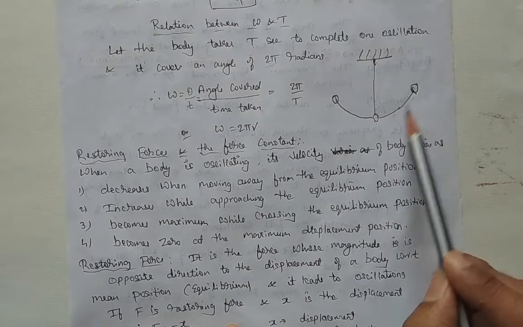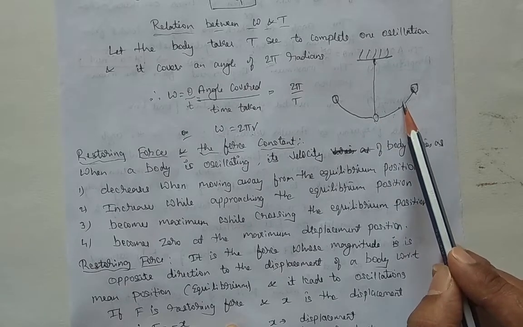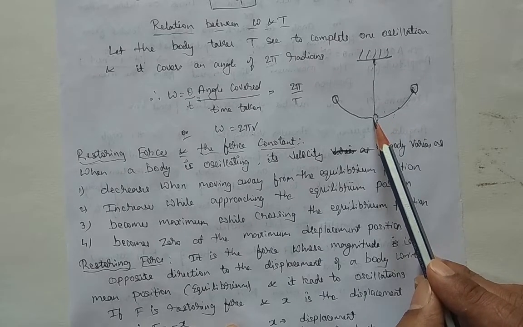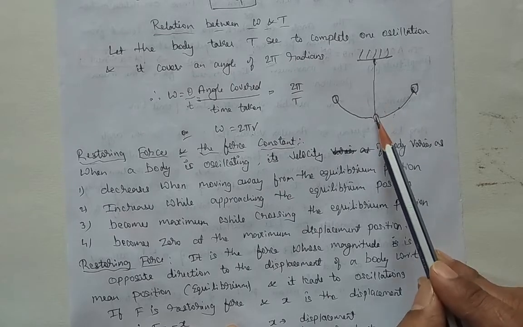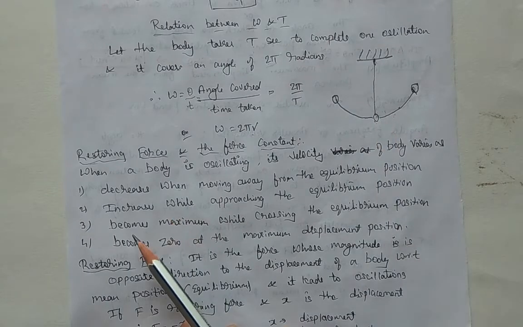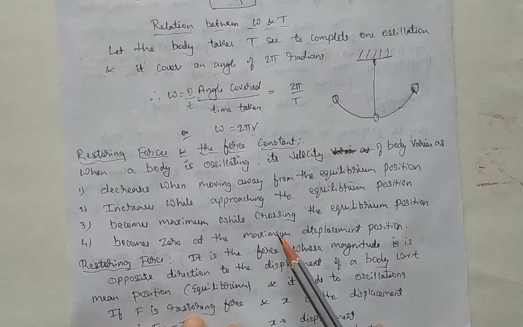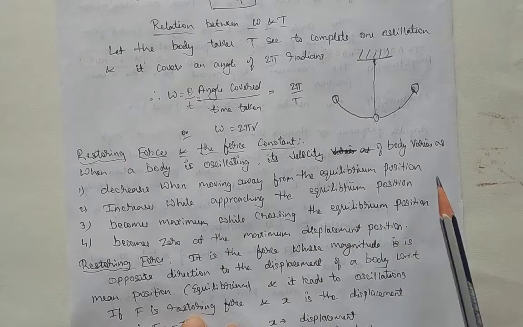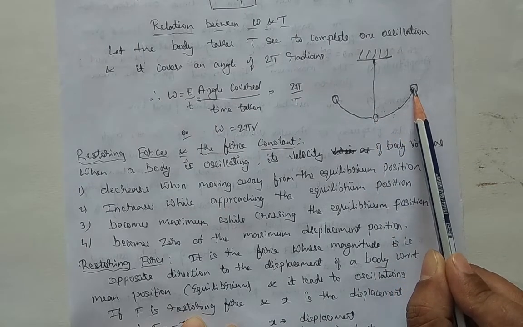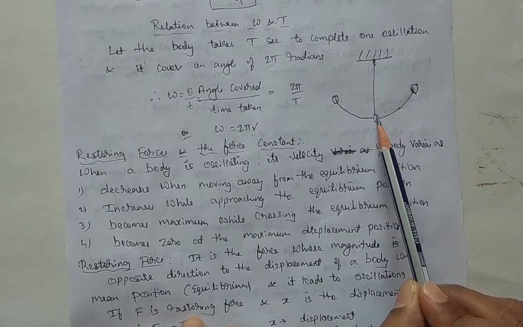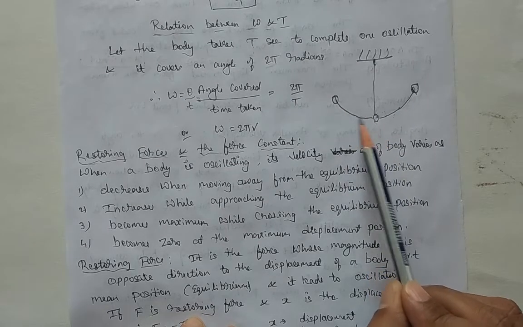Same thing, when it is coming in the reverse direction, from the extreme to the equilibrium position, its velocity goes on increasing. Initially moving away, it decreases; towards the equilibrium position, the velocity increases.